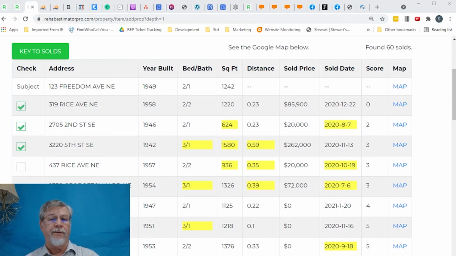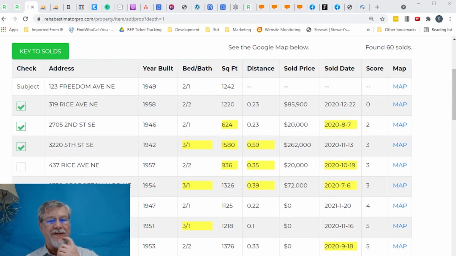Then some of the other criteria are natural boundaries: rivers, big highways, sometimes railroad tracks. You've heard of the other side of the tracks. Well, those are real, and so you have to take those into account. And that's where the local ground truth is, so you have to know your neighborhoods and become familiar with the neighborhoods that you want to buy in.